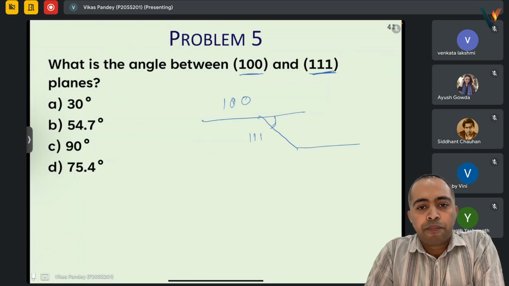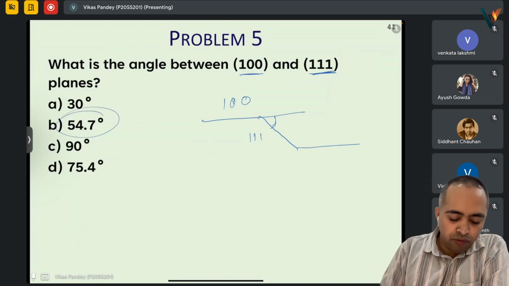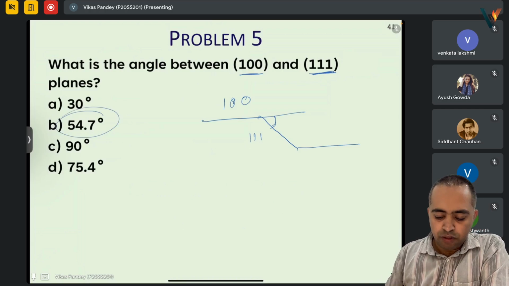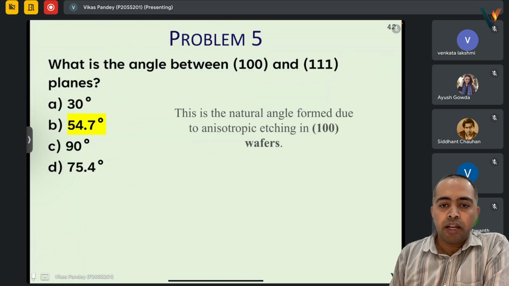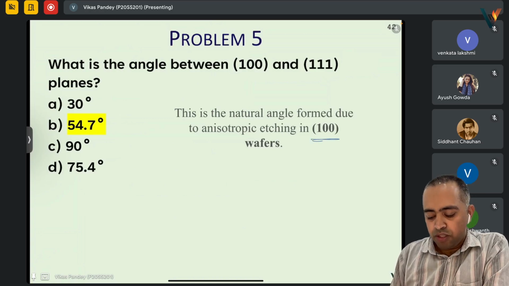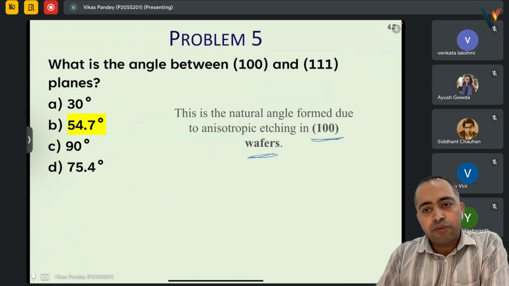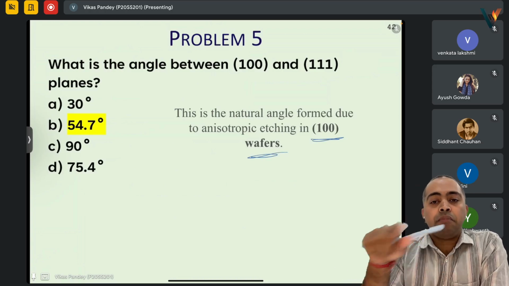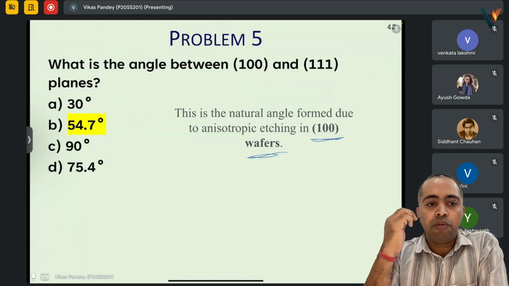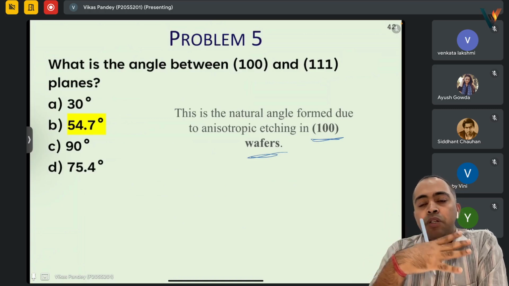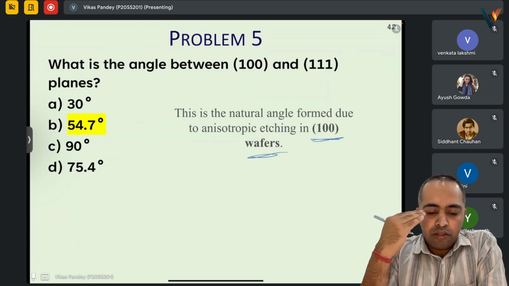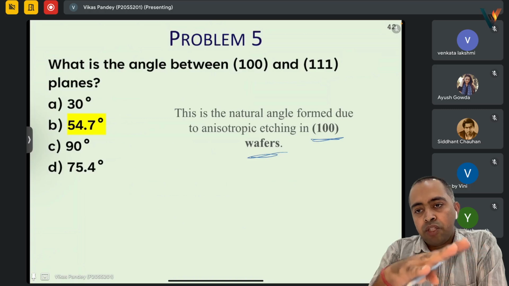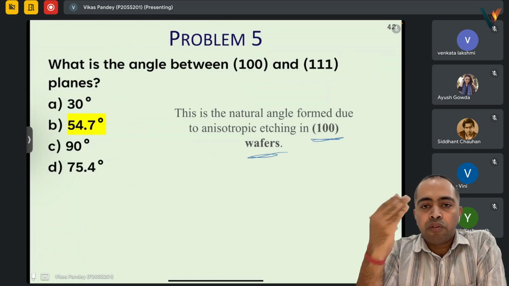Okay. So the angle is 54.7 degrees. That is a natural angle formed due to anisotropic etching in a 100 wafer. And that is why we plan the mask accordingly, so that we will have a 54.7 degree sloped angle between the 100 and 111 plane.